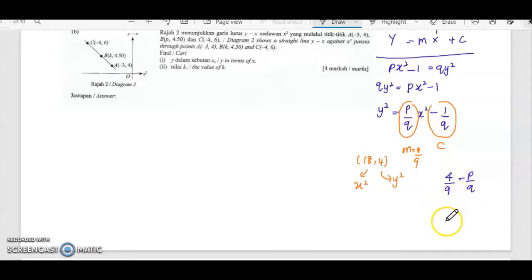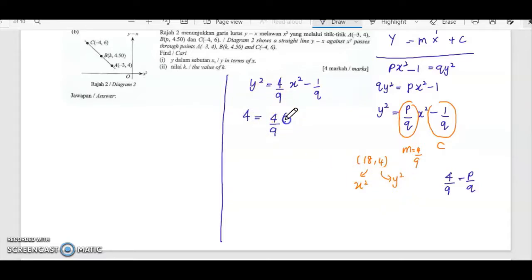Okay, so kita akan dapatkan value C by using this point. So kita masukkan dulu y squared equal to 4 over 9, gantikan ya, terus x squared minus 1 over q. This is the value for C. So kita substitute dulu y squared dengan 4 and then 4 over 9 and then x squared kita masukkan 18 and then minus 1 over q.